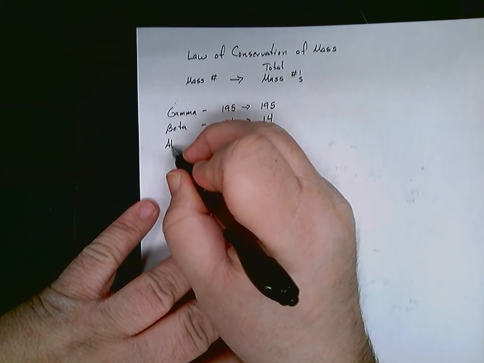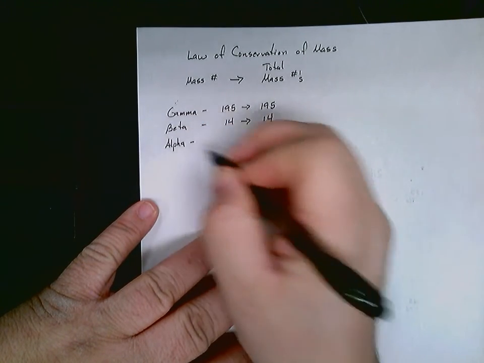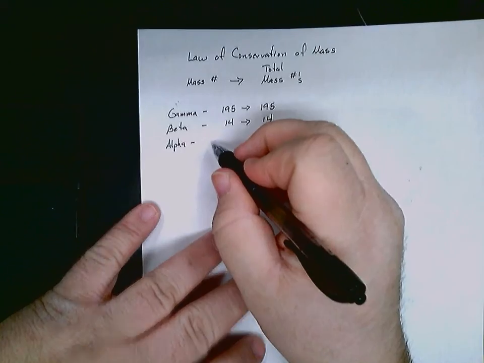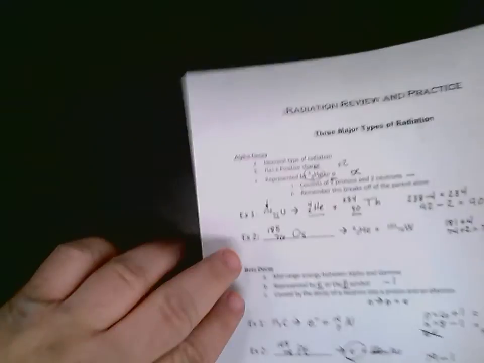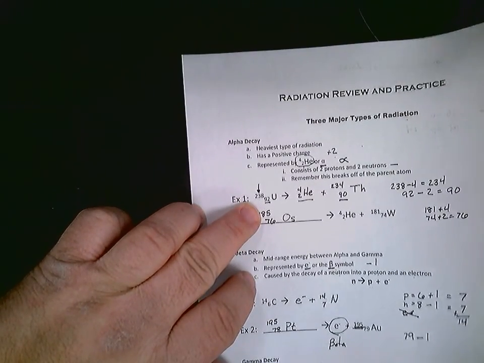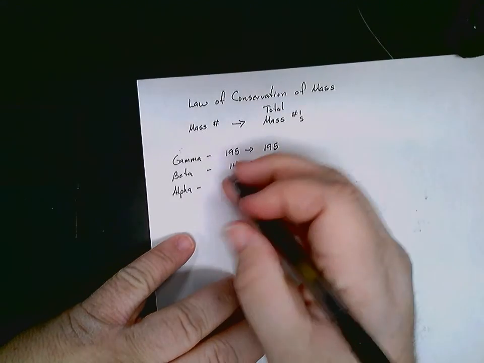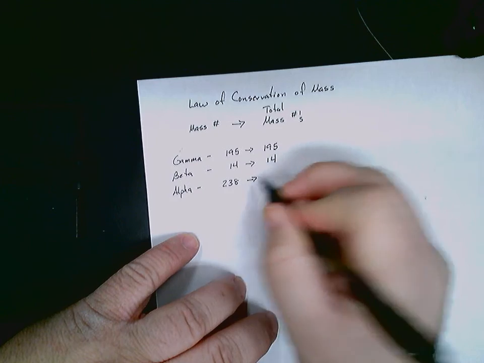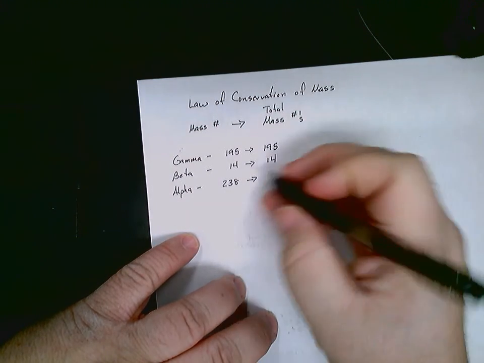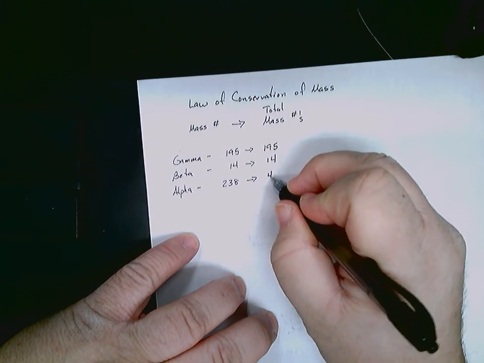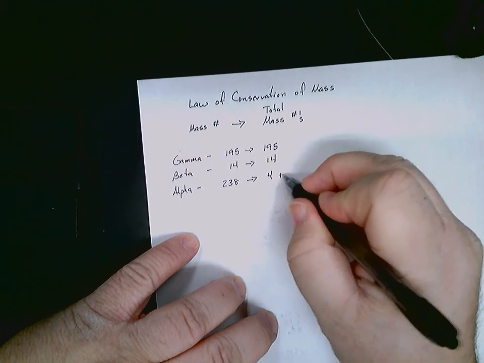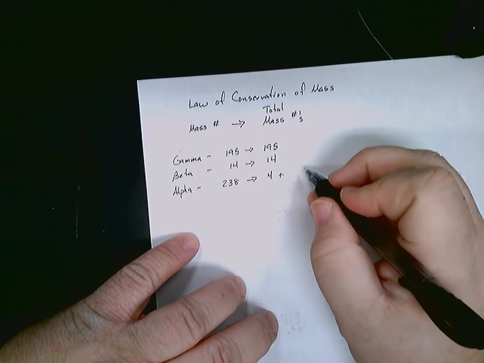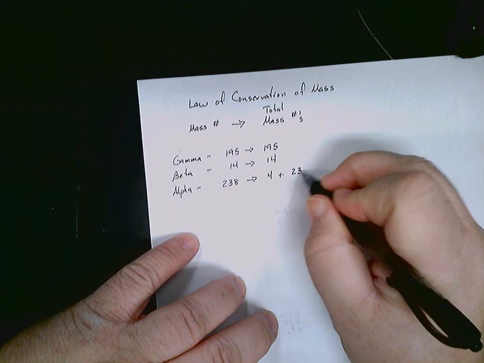Alpha, in our case, we started off with 238 for uranium. We created the helium particle, or the alpha particle, which is mass number 4. And whatever remains goes with our other atom, so that was 234.